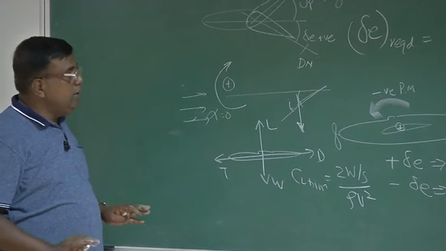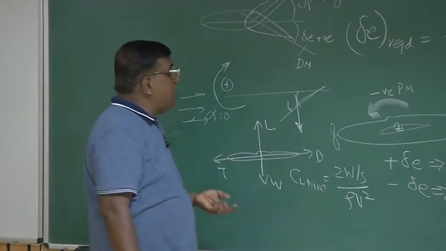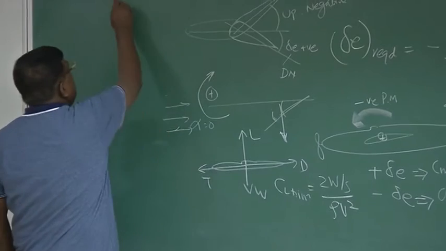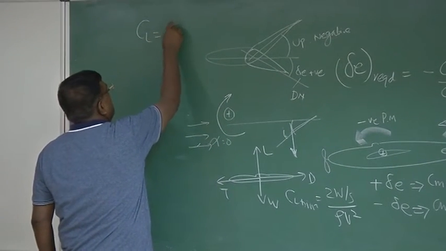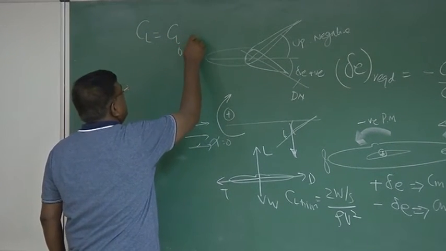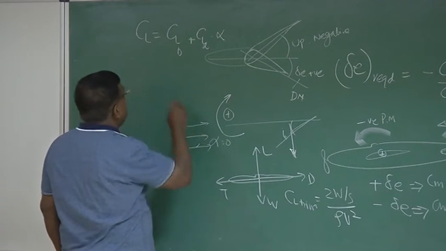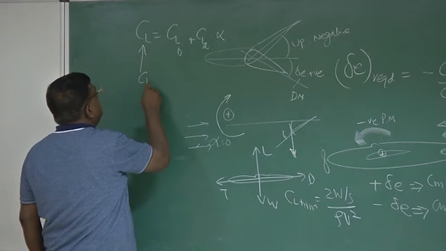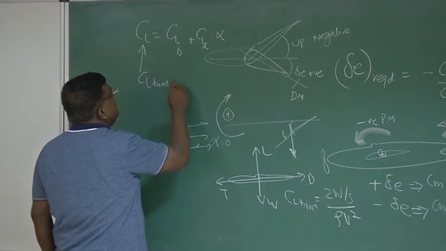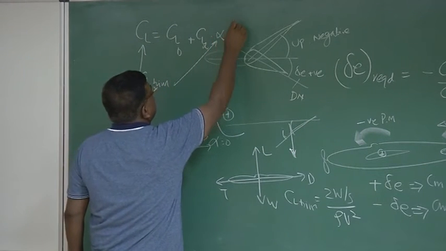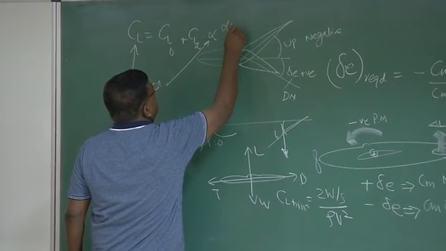Clear? This is very well understood. And the alpha corresponding to CL trim: CL of the aircraft I can write as CL naught plus CL alpha of the aircraft into alpha. So if this is CL trim, then the corresponding alpha we refer to as alpha trim.